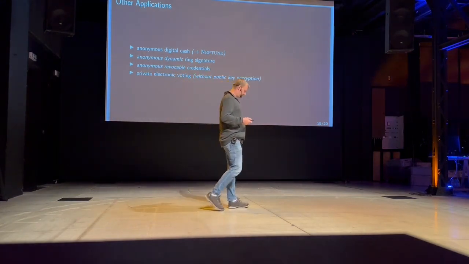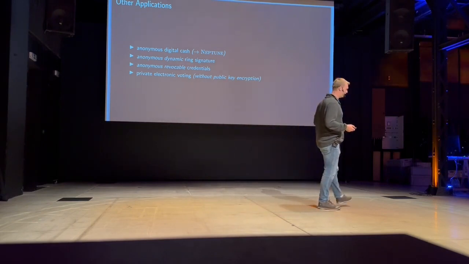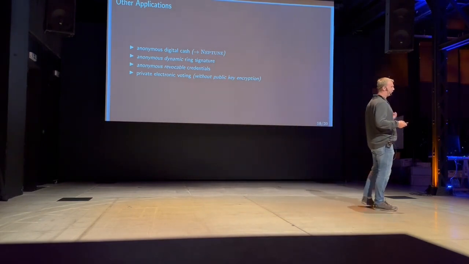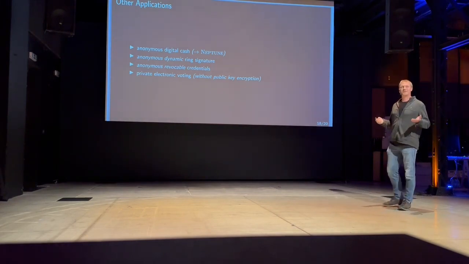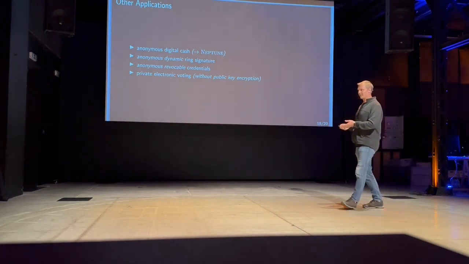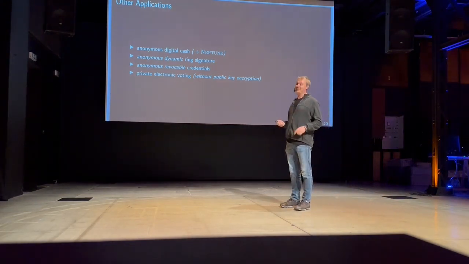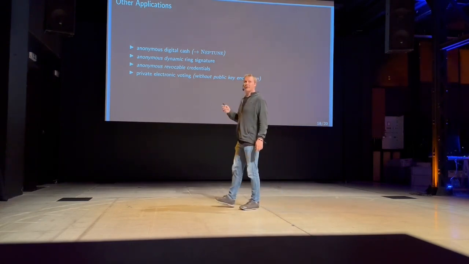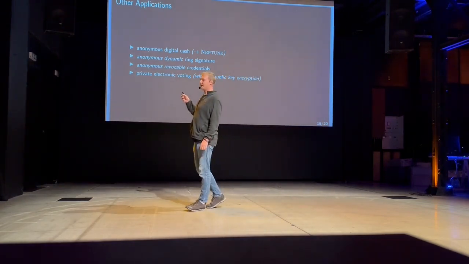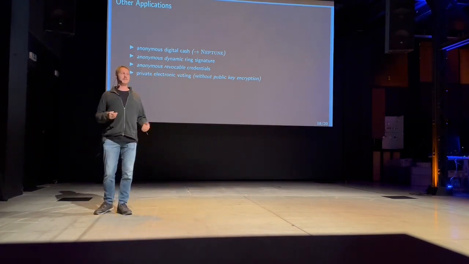And then this one thing that boggles my mind, and the reason why it boggles my mind is because all previous solutions for secure electronic voting used public key cryptography in one way or another. And, well, you could say we are cheating because we do use zero-knowledge proofs, but we don't use any hardness assumptions associated with public key cryptography.